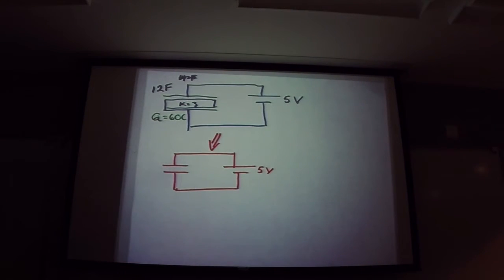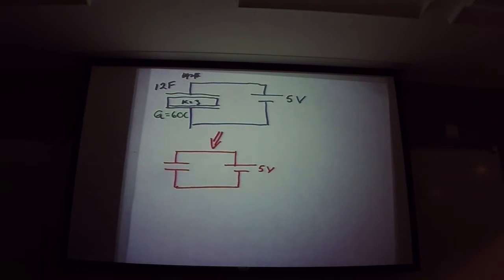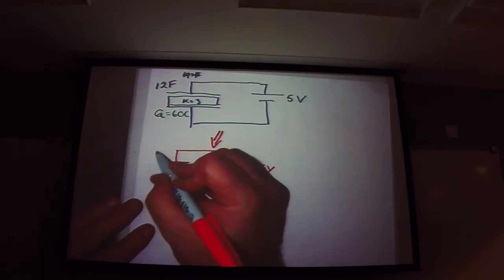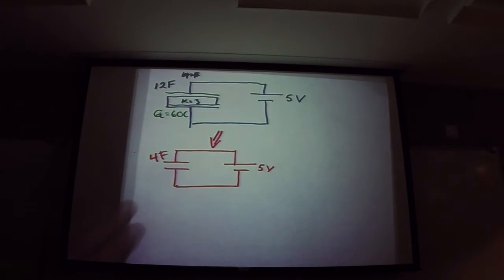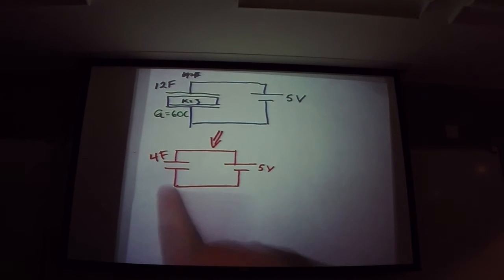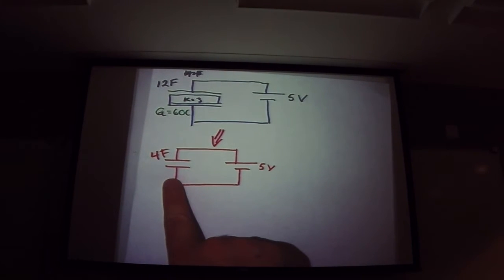In this case, the capacitance here drops to 4 farads. And so what happens then to the charge on this thing? It doesn't stay; the charge here ends up going back to the battery.